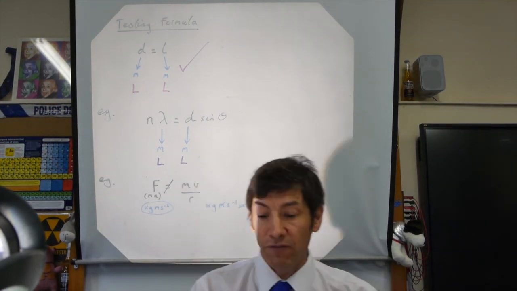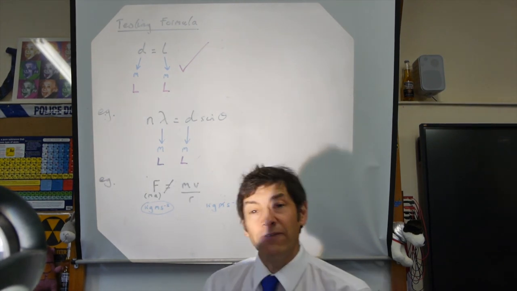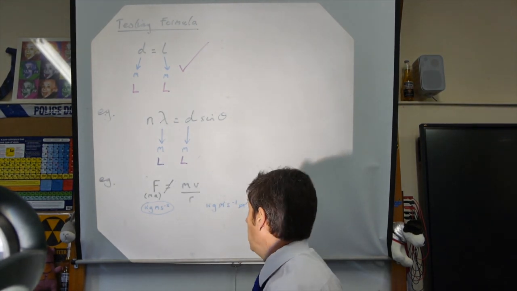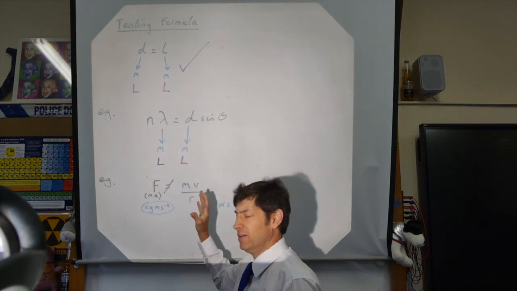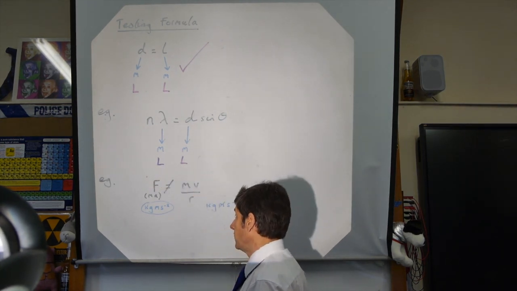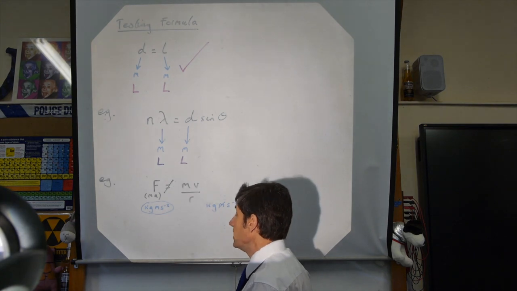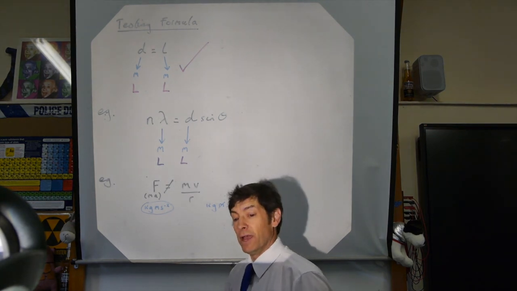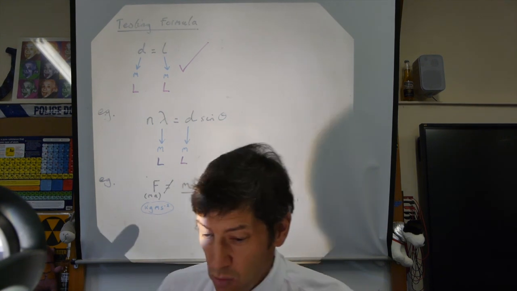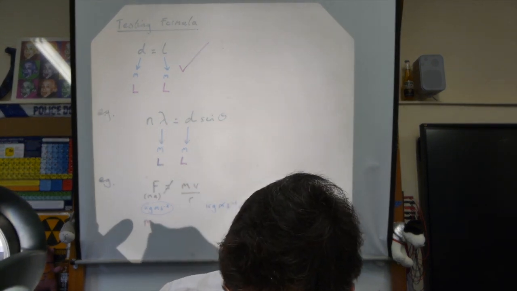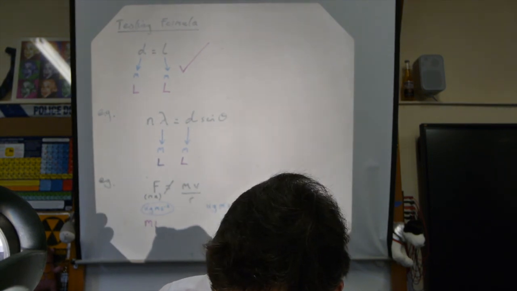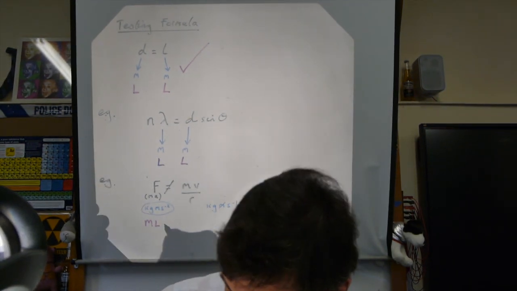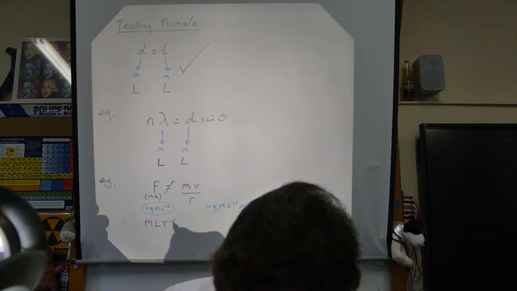Now, just before I finish on this, I have to do this in terms of dimensions. Dimensions don't come up at A-level, but real scientists find them really, really useful. Okay, so we've got here mass, length, and we've got time to the minus 2.